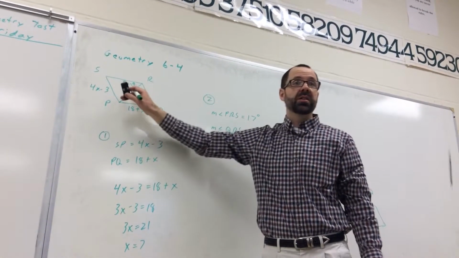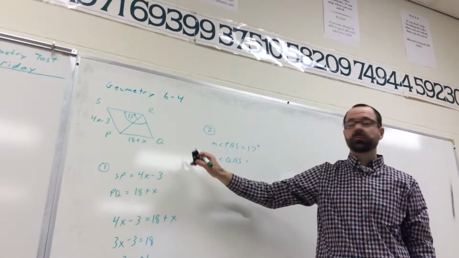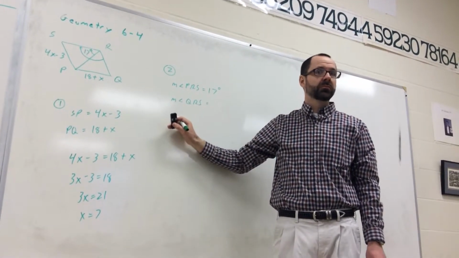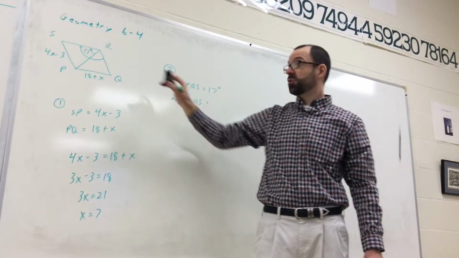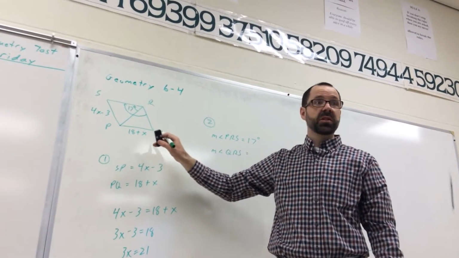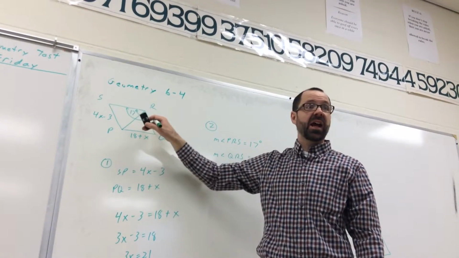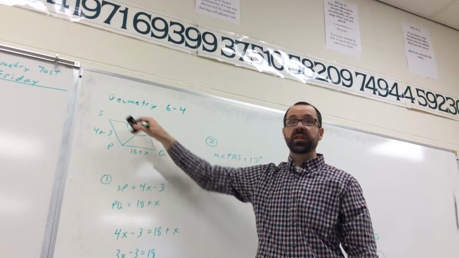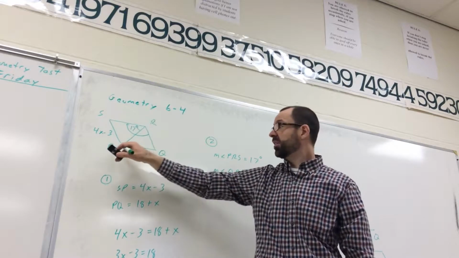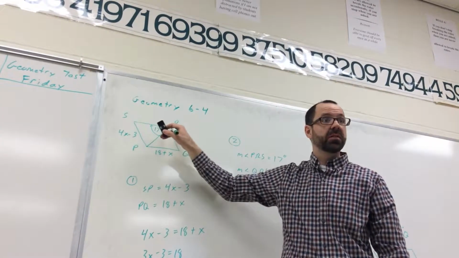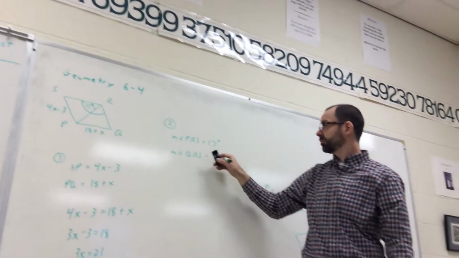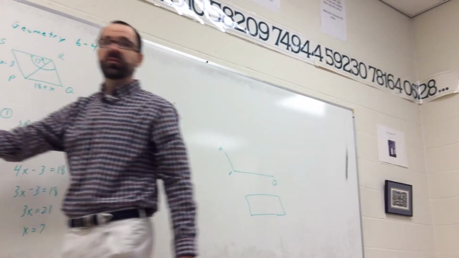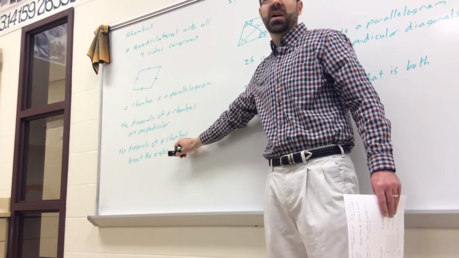So how big is QRS? 34, good, because this is a rhombus, and on a rhombus, the diagonal cuts the angle in half. So if that was originally 34, and this cut it in half, then both of them are 17. So that's coming from this fact right here: the diagonals of a rhombus bisect the angles.